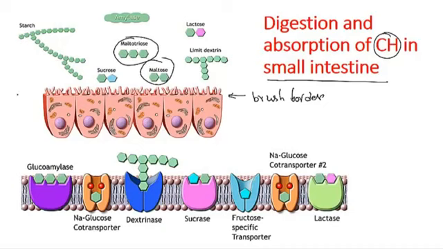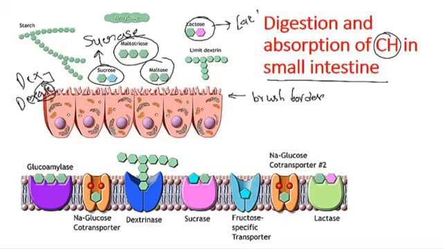Any enzyme you see ending in -ase will be the enzyme to break something down. For example, to break down sucrose, we have sucrase secreted there. For breaking down lactose, we have lactase. So these are all carbohydrate breakdown enzymes that are secreted and work there.